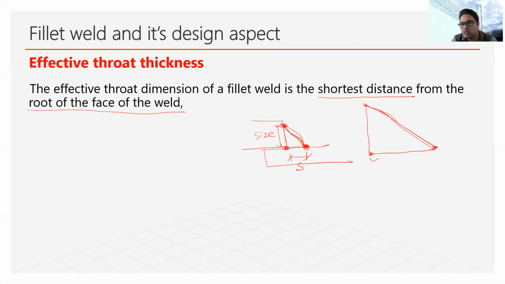The shortest path will be this one, which means if there is a force coming between the plates, then this weld will fail along this plane. So we try to find that critical plane, and the dimension of this critical plane is called the effective throat thickness. Now, what is the value of this throat thickness, that we will see.